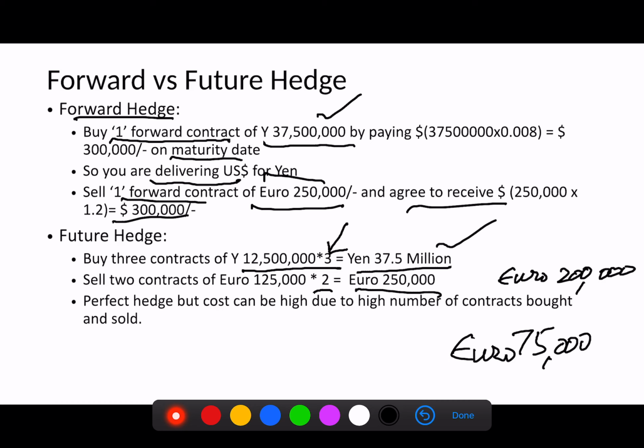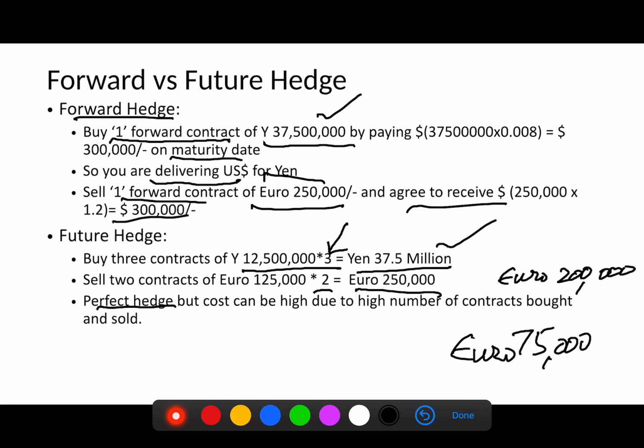So this is a very rare situation of perfect hedge, because in practical life mostly you do not get the perfect hedge through the future market, and you might have to enter into the forward market to do your hedging, and to avoid the exchange rate risks.